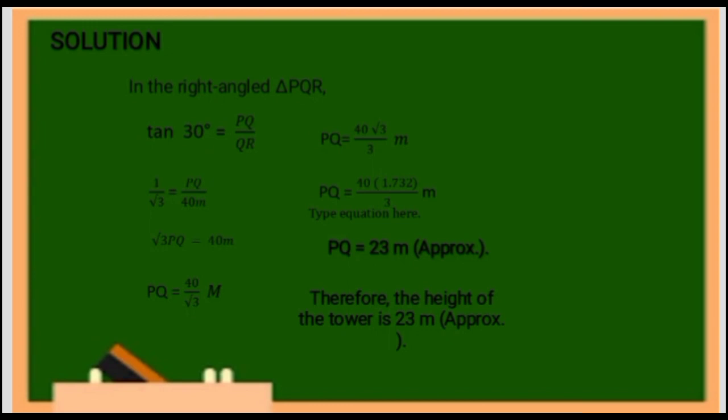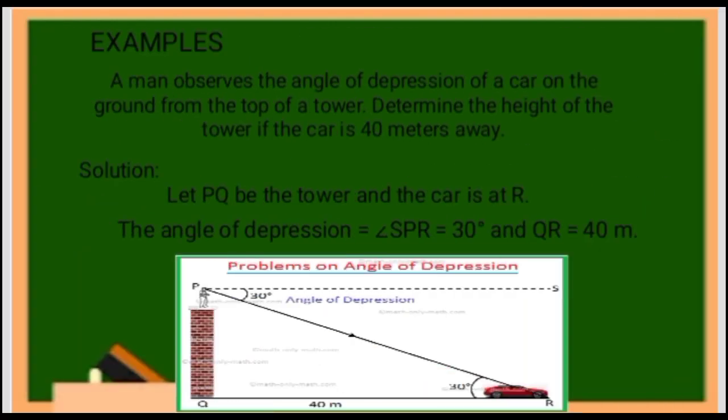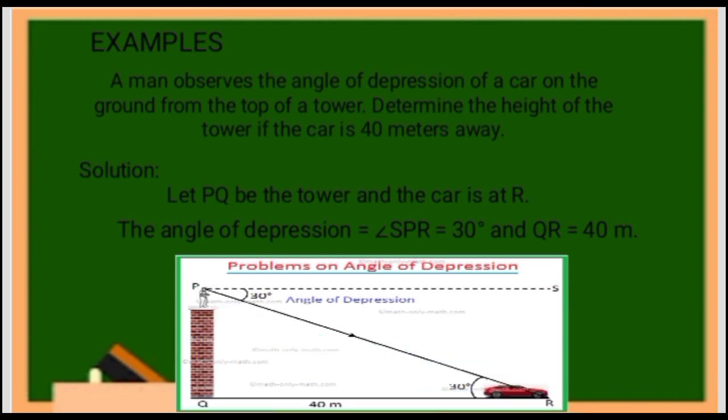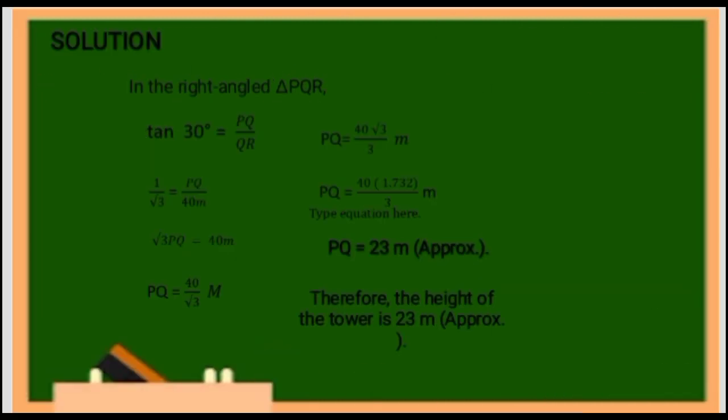So in the right angle triangle PQR, this is a right angle. So we will use the formula tan y is equal to opposite over adjacent.